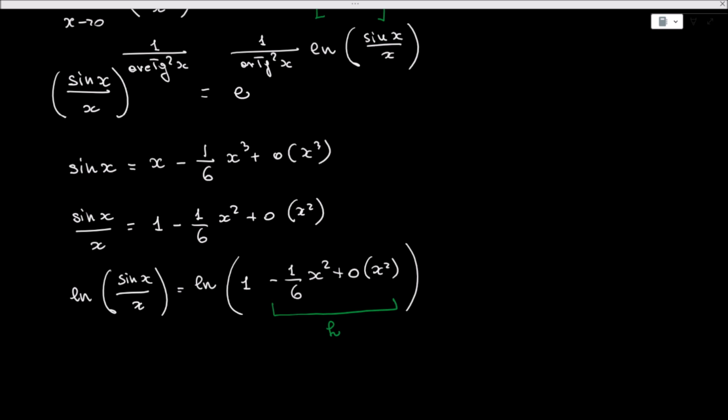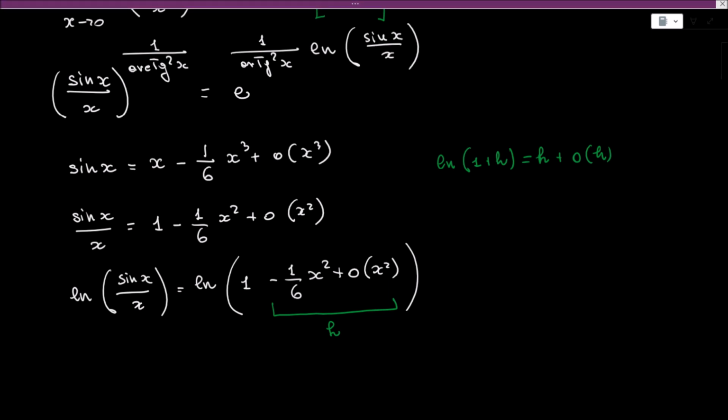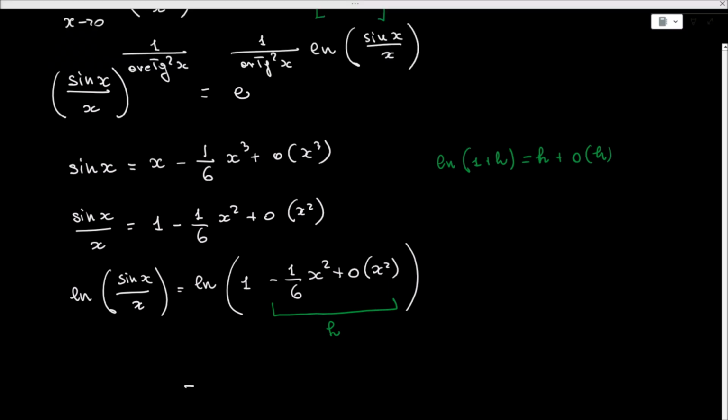So we can now reuse the usual formula that the logarithm of 1 plus h is equal to h plus little o of h. This is just the minimal term, the lowest power that we can assume. So we have this is equal to h, which is minus 1 over 6 x to the square plus little o of x to the square.